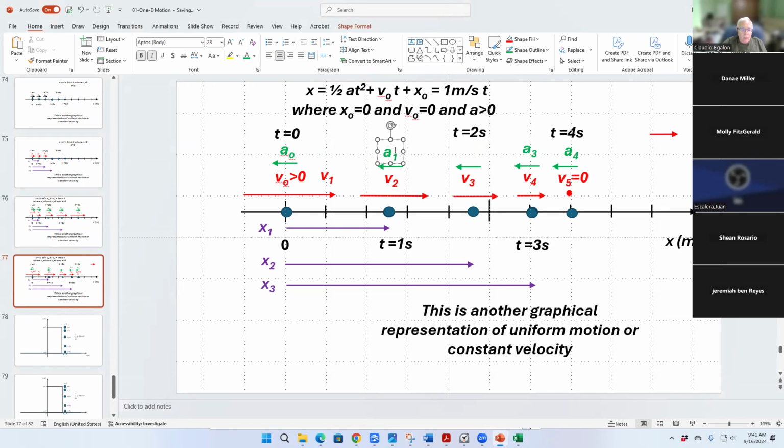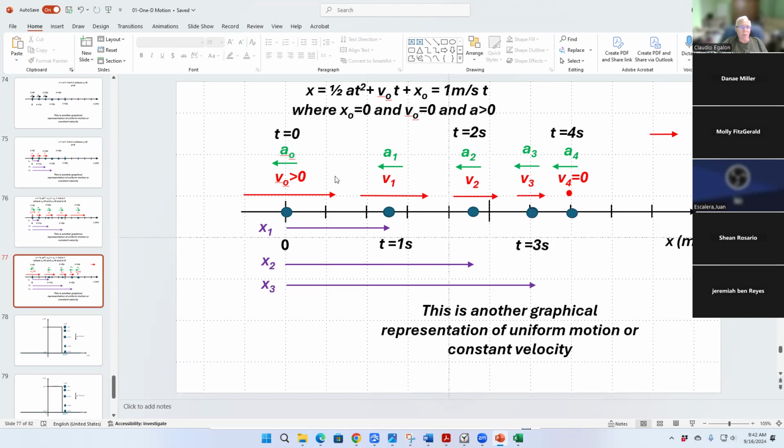This one here is supposed to be V1. Okay, so it's 4 here. We erase this one. V3, V2, and V1. And here we are going to have A0, A1, A2, A3, and A4.